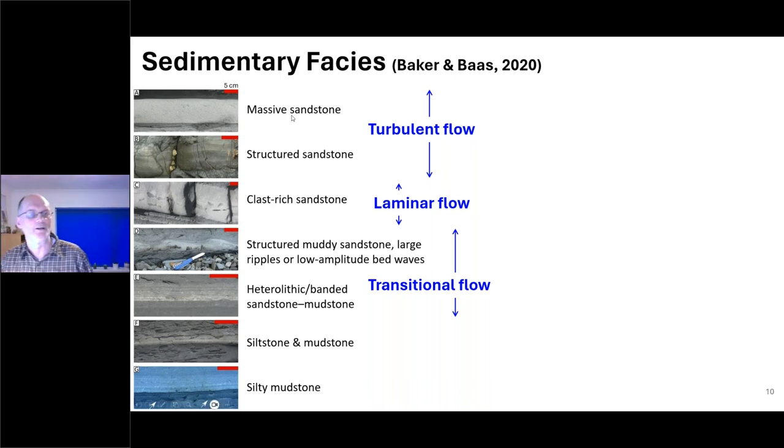Turbulent flow facies included massive sandstone and structured sandstone, mainly containing plane parallel lamination and ripple cross lamination. And then there are various types of siltstones and mudstones formed by either muddy debris flows or through hemipelagic settling.